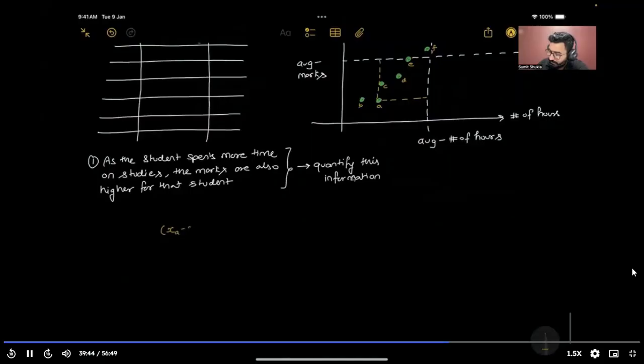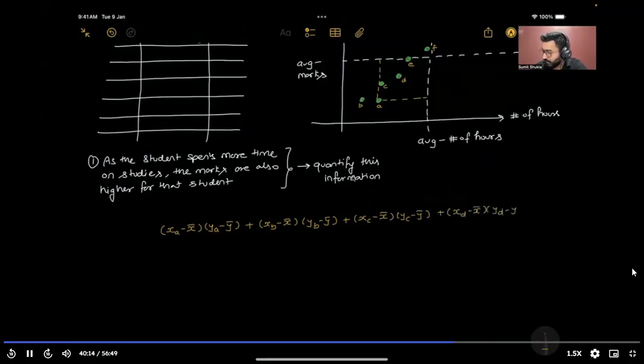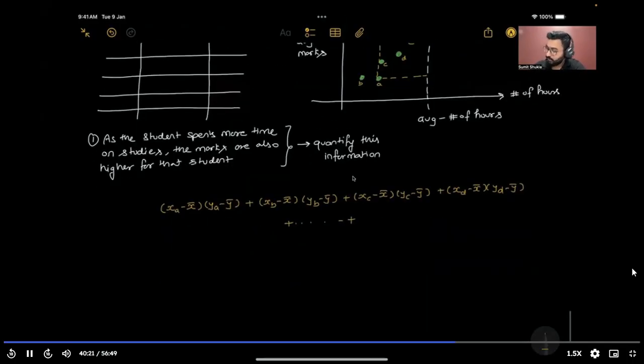Xa minus x average into ya minus y average, plus xb minus x average into yb minus y average, plus xc minus x average into yc minus y average, plus xd minus x average into yd minus y average, and so on till j. So xj minus x average into yj minus y average, and we divide this by the value of n.